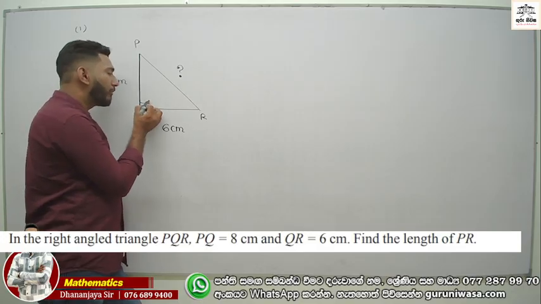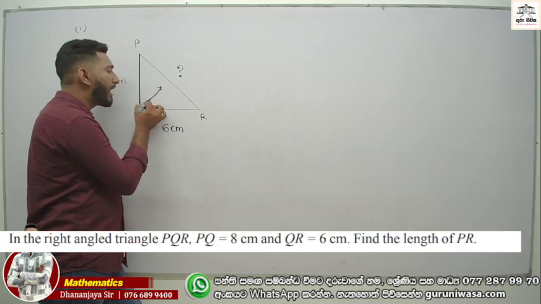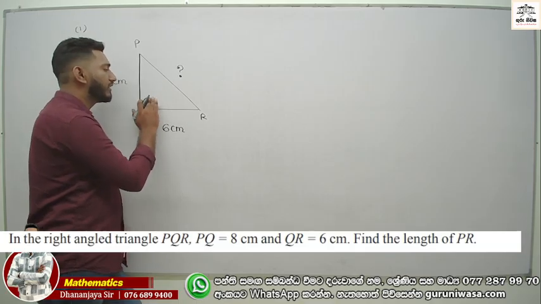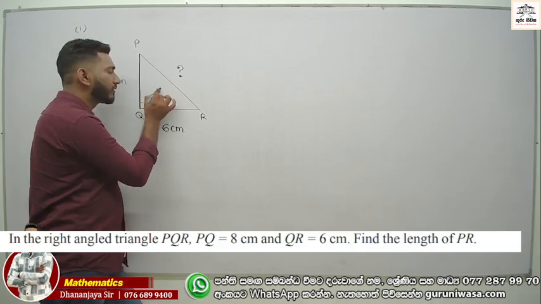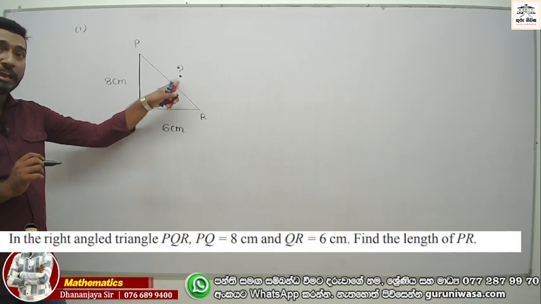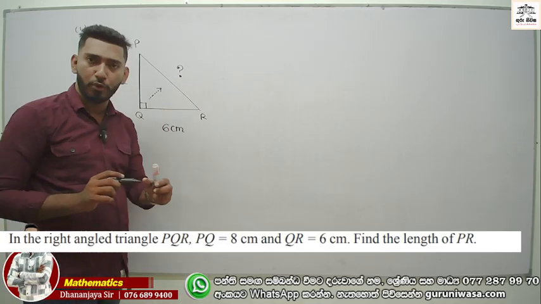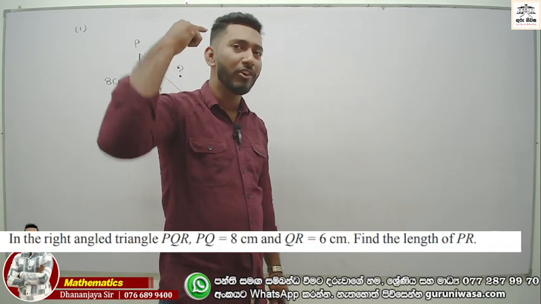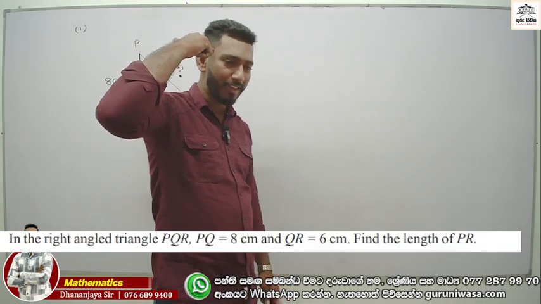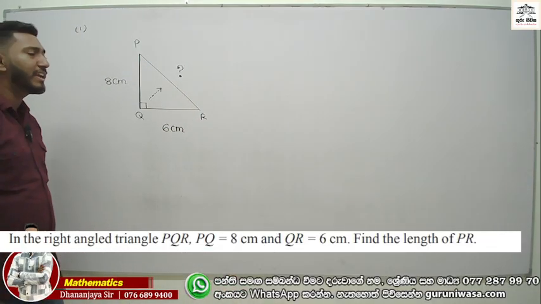Therefore, the opposite side of 90 degrees is the maximum, the greatest length. This side should be greater than 6 and 8. Understood? Yes, sir. Very good. And now I am going to discuss the theorem.